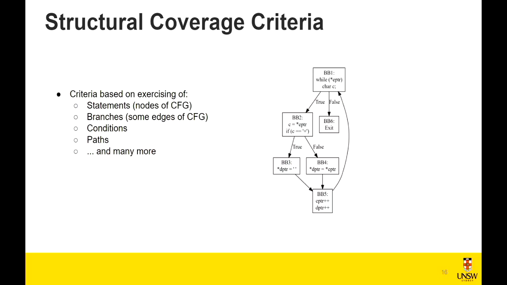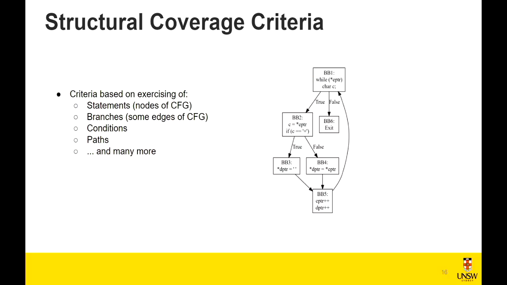Coming back from the structures to the coverage criteria, we can derive different coverage criteria from control flow graphs. For example, we can have statement coverage, where we care about the nodes of the control flow graph.